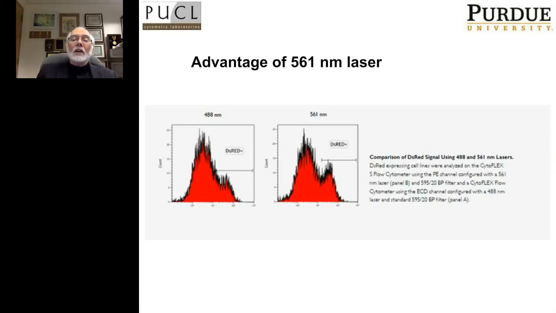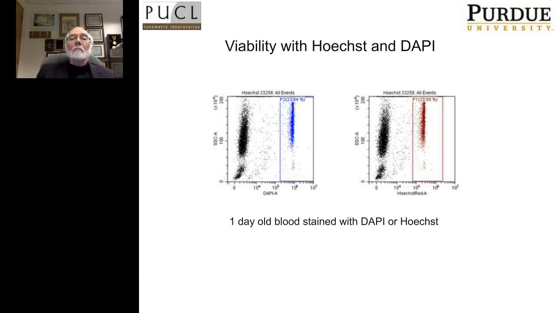So I've already shown this slide with DS Red, so I'll jump past it. But I did mention that looking at Herxt and DAPI has some advantages. So here is an example of Herxt and DAPI with the deep UV laser.